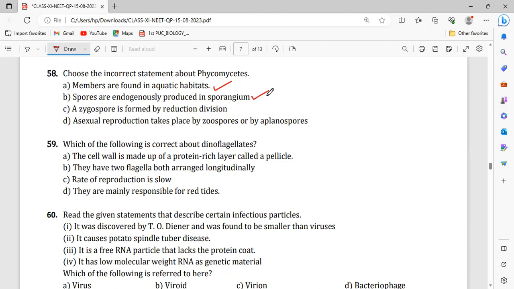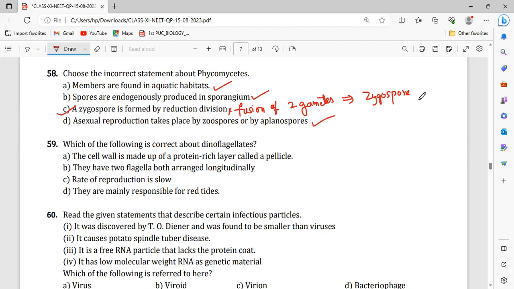No, here zygospore is formed by fusion of two gametes. So this fusion of two gametes results in zygospore in fungi, that is Phycomycetes. Then asexual reproduction takes place by zoospores or aplanospores. That is also correct. So the answer is option C.